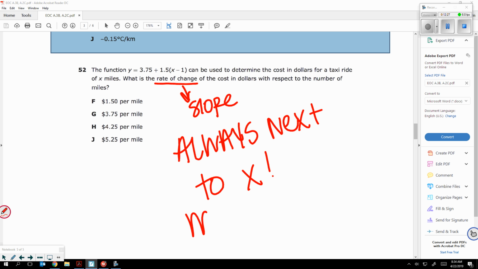Because it's always right next to it. So if I look in my equation without having to do any math, which one would be right next to that x being multiplied? 1.5. So my answer is F. Okay, I don't have to do any work on that. Question on that?